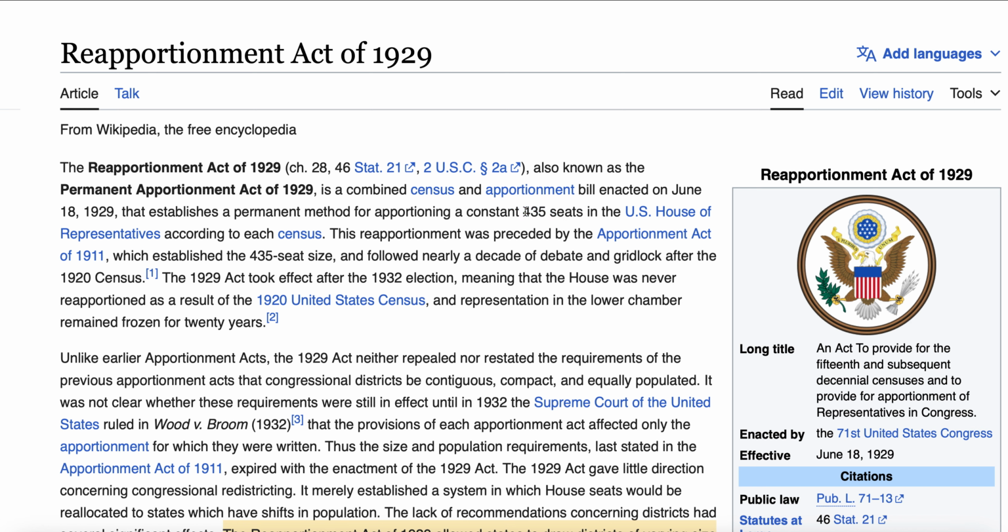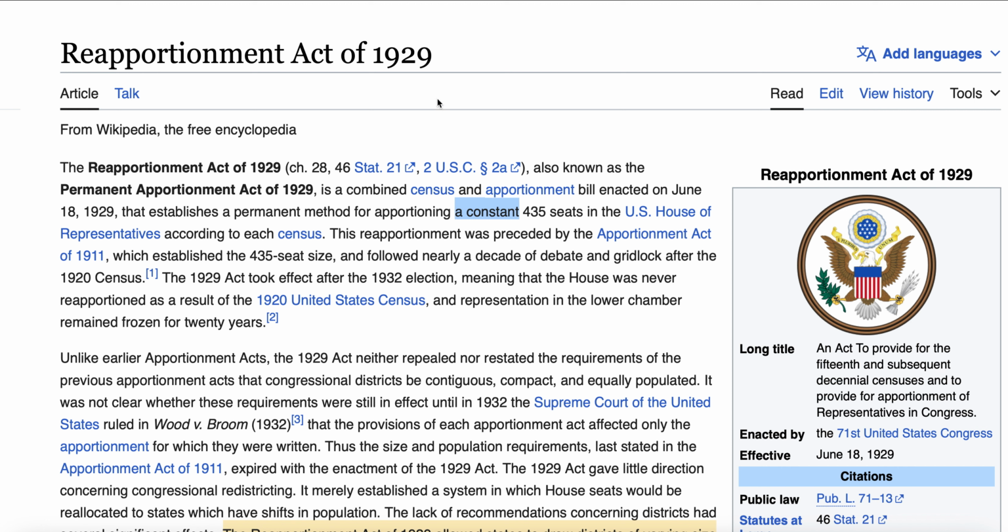That number, 435 seats, the number of members of the House of Representatives, was never supposed to be a constant anything. It was supposed to rise with the rise of the population.